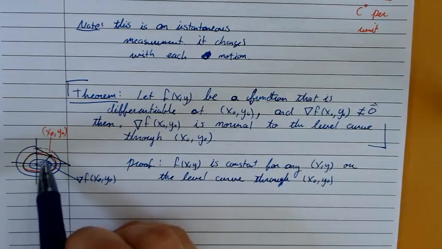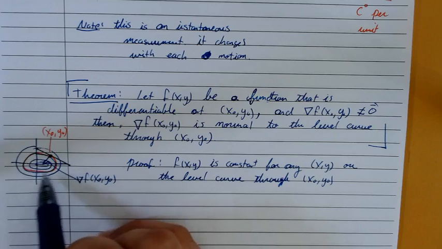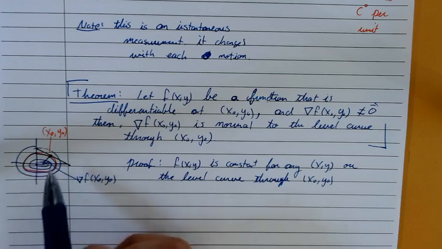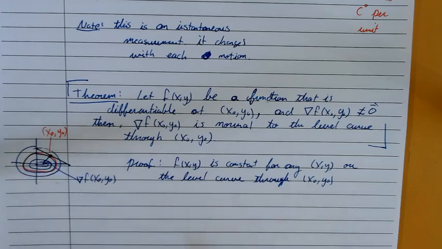Or in other words, okay, here's the curve. Here's the point. Every point on that curve has the same z value. Well, of course, that's why that curve exists in the first place. It's a level curve. It's the collection of all points that have the same z value. Z equals f of x, y.